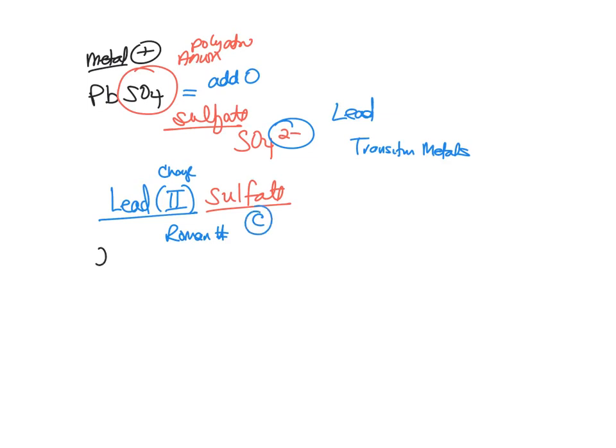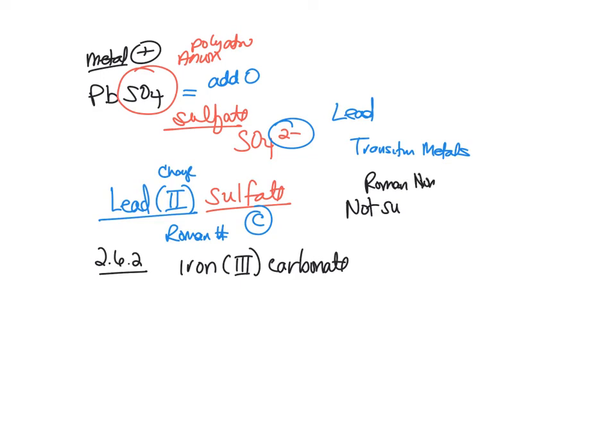Okay, let's work 2.62. What is the correct formula for iron(III) carbonate? A lot of people make the mistake of thinking the Roman numeral is the subscript. The Roman numeral is not the subscript.